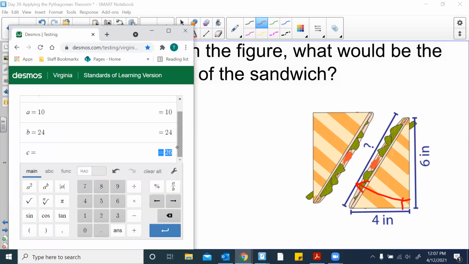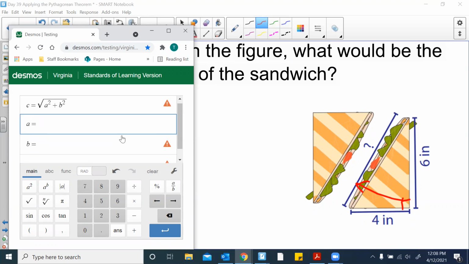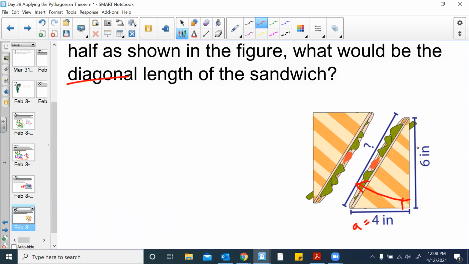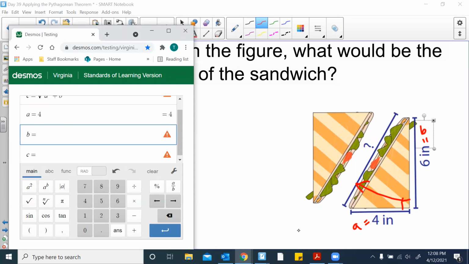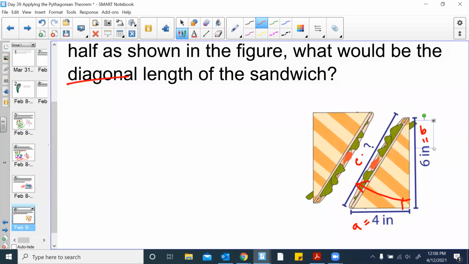Now, remember, good Desmos practice is to delete everything and write your formula in from scratch. I will not be doing that just to save some time. But for you guys, don't ask me what the formula is on the test. All right, so I put a 4 in for a, a 6 in for b, and you'll see that I get my C value here, which is 7.211, right?